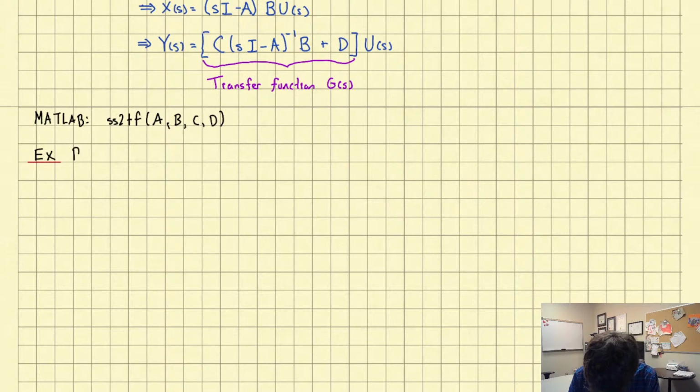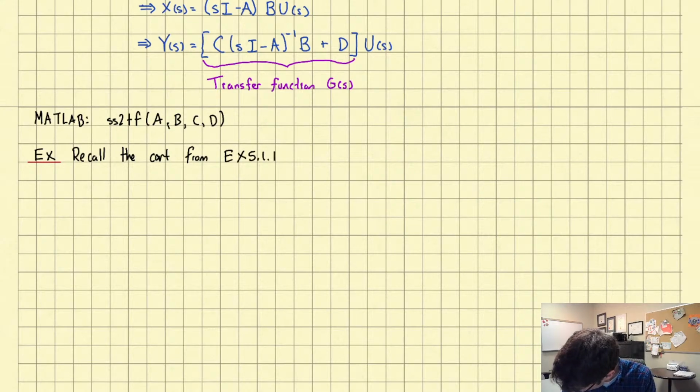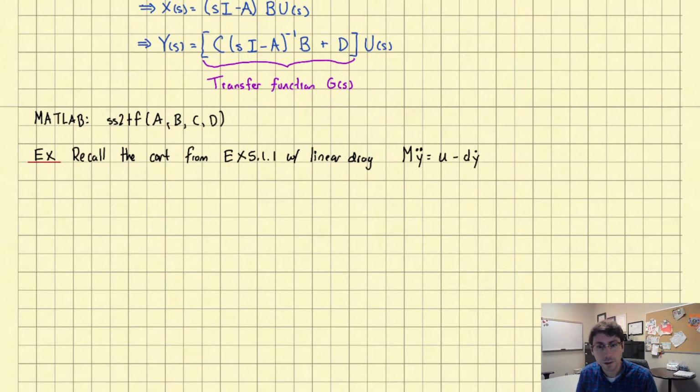So recall the cart from example 5.11 with linear drag. The model there was simply this. I had a mass, d was the coefficient of drag, and it was linear.